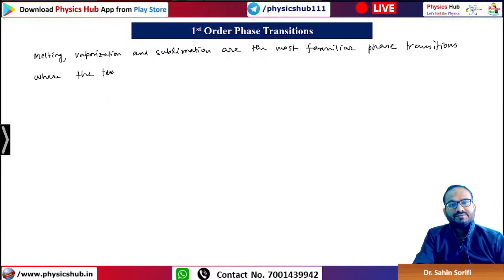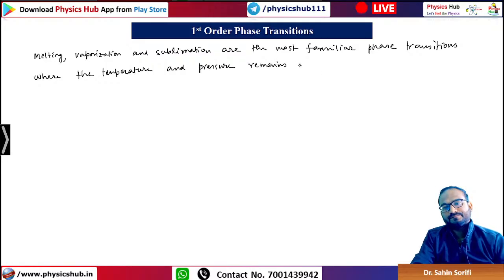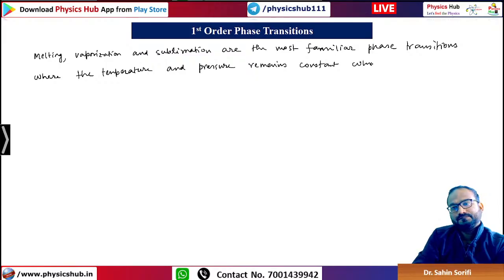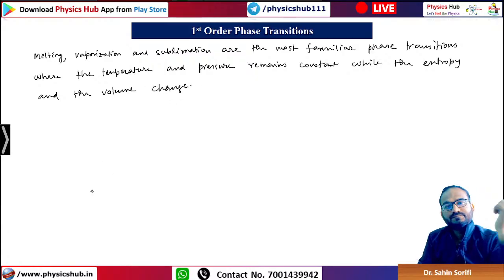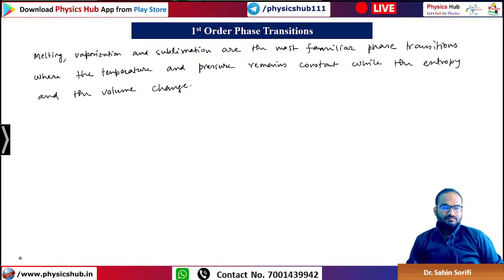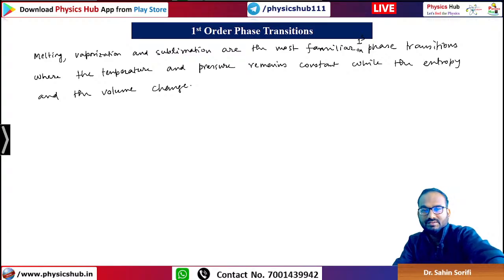The temperature and pressure remain constant, while the entropy and the volume change. This is the most familiar first order phase transition.